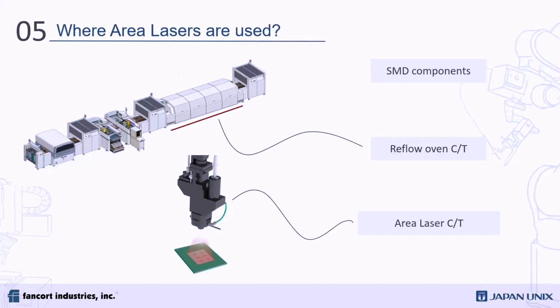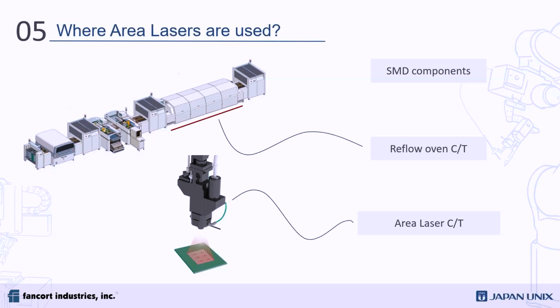The area laser was launched 2 years ago. I hope our audience and customers know about our laser soldering systems, where we produce a single laser spot and other unique beam shapes, like a twin spot, a donut, and a square beam.